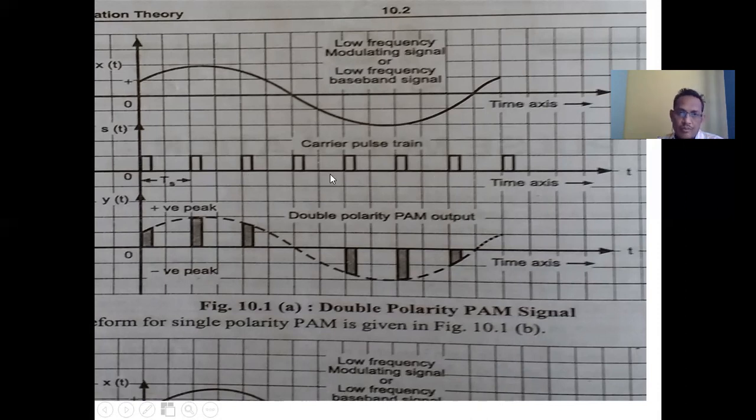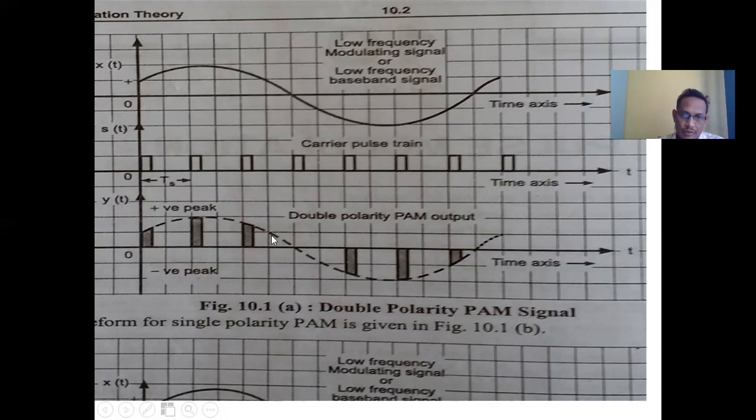As per the definition of pulse amplitude modulation, what is going on? The high frequency pulse train is changed in accordance with the amplitude of the modulating signal by keeping width and position constant. That means the amplitude of this pulse train is changed according to the amplitude of the modulating signal. That's why it is called pulse amplitude modulation.